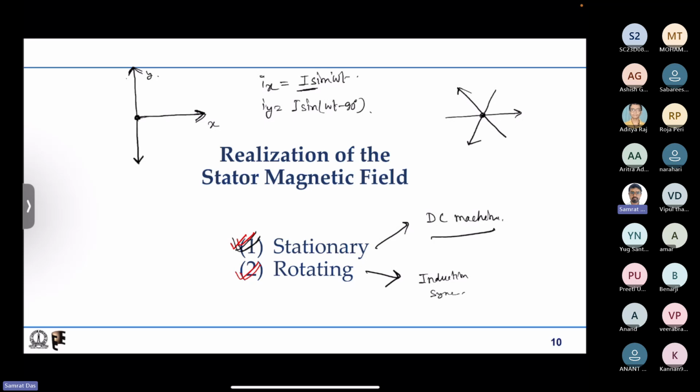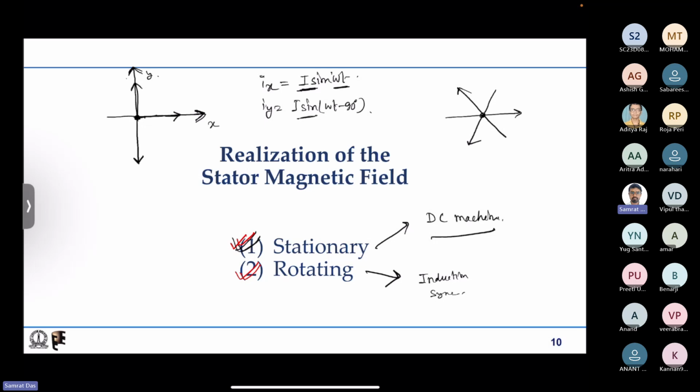Now at omega t equal to 90 degrees, ix becomes I and iy becomes 0, so my vector is here. Going further, at omega t equal to 180 degrees, you will find your vector to be here.